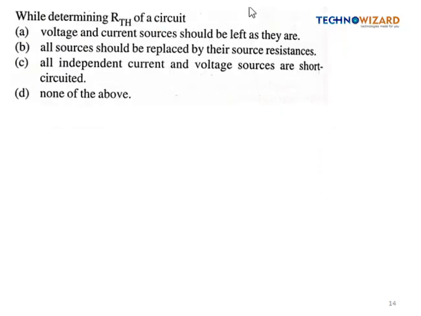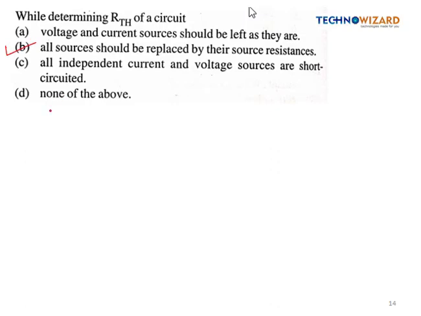So next question is, while determining the RTH of a circuit, voltage and current sources should be left as they are. All the sources should be replaced by their source resistance. All the independent current and voltage sources are short circuited. So option B is correct.